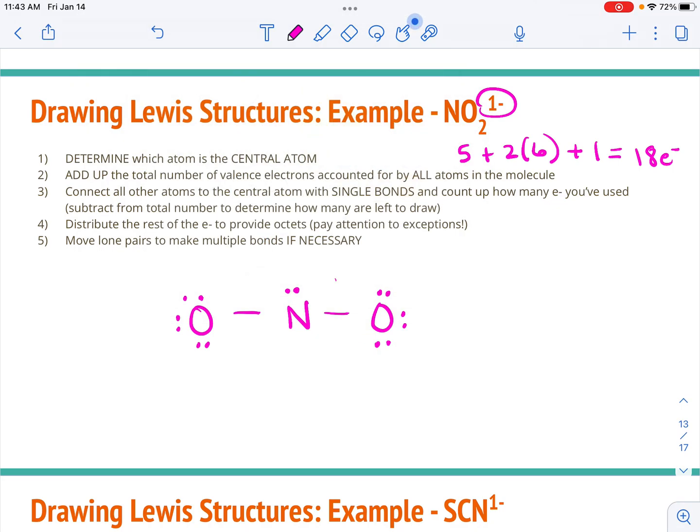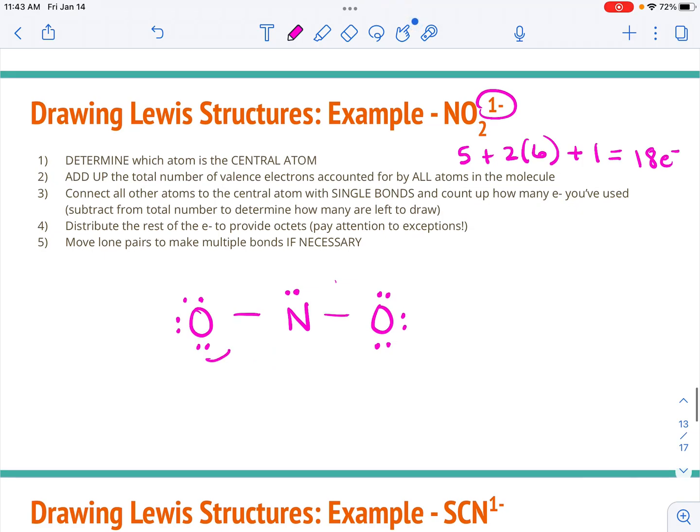So now that I've drawn my entire structure, all 18 electrons, and nitrogen's not satisfied, I need to move a pair of electrons, and I can choose in this case one or the other. I don't need both. So I'm going to choose to move electrons from here, and that puts that as a double bond. Now I can check, and I see oxygen's octet, and oxygen's octet, and nitrogen's octet.